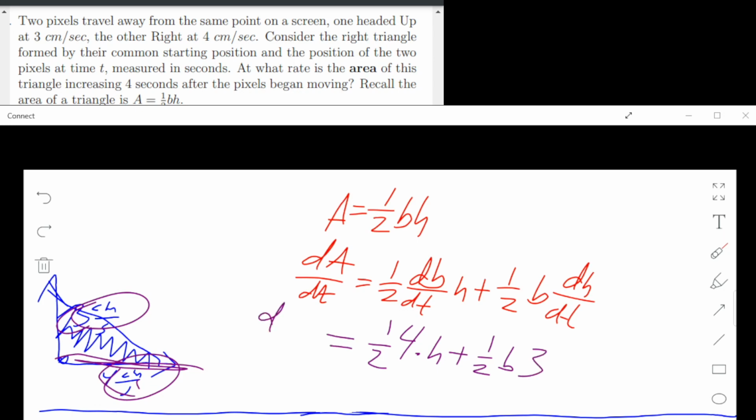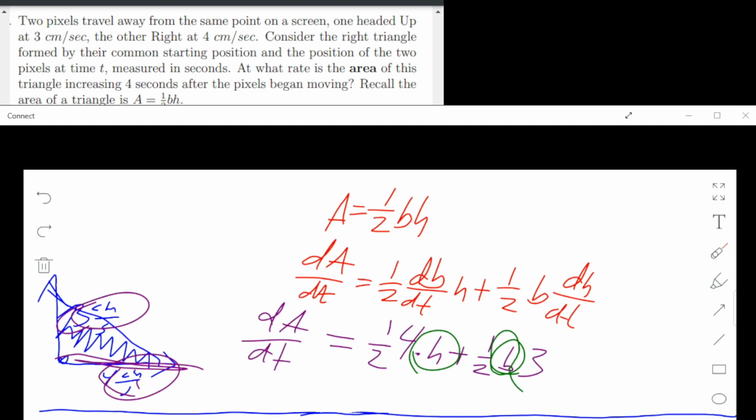And we're looking for dA/dt, right? So what we need now is to figure out what h and b are at 4 seconds, right? But we know exactly how to find that because we have their speeds.